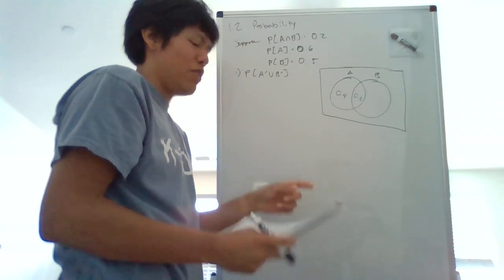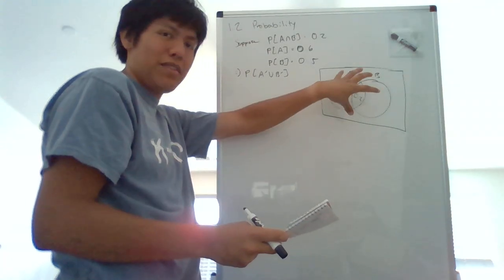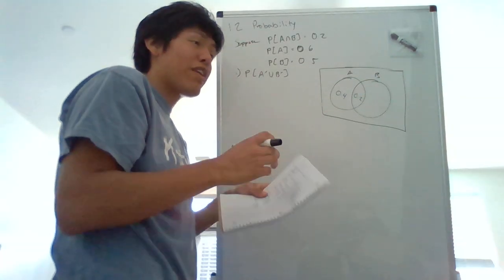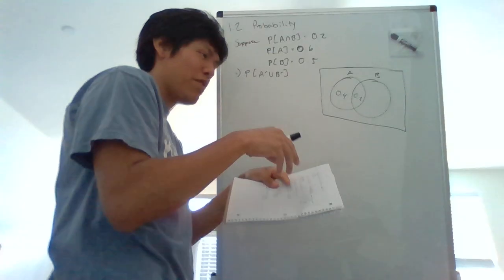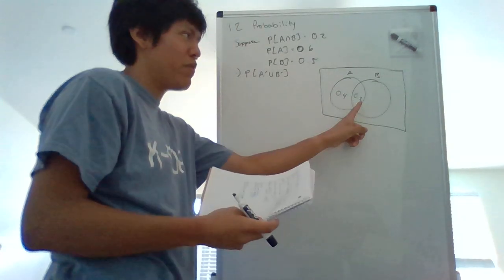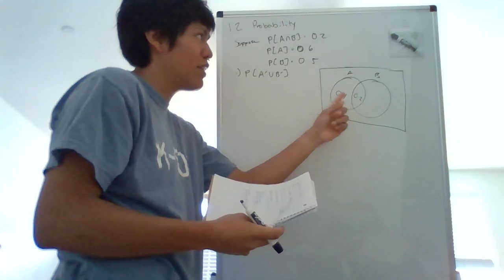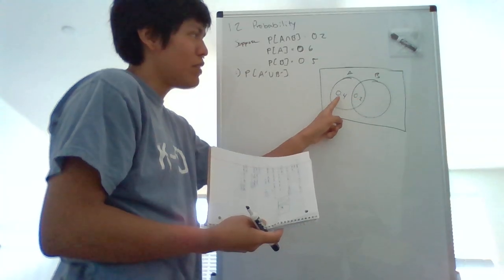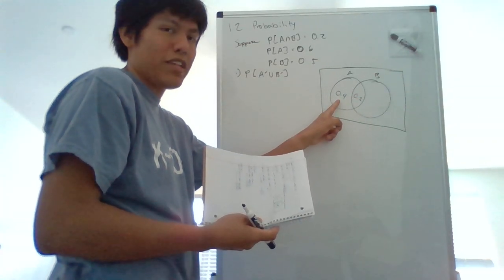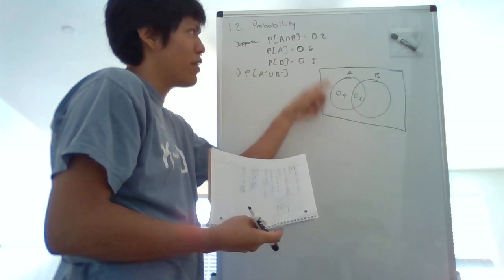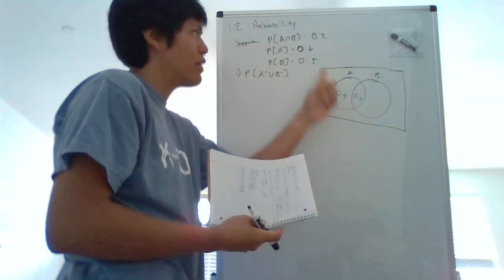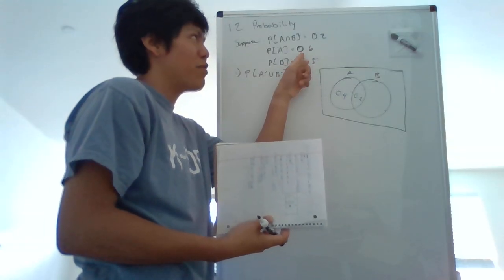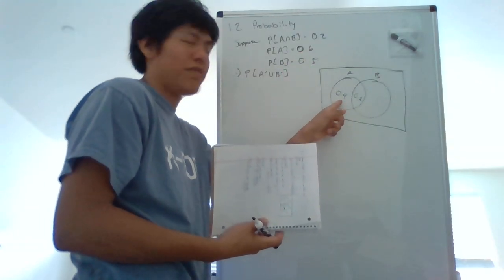You'll see later that whenever we have three circles in our Venn diagram, we can find the probabilities of each section going from the inside out, like we just did here. So again, the middle section is 0.2, which means this other section of A is 0.4, so that when we add them together we get 0.6. Another way of doing that is 0.6 minus 0.2 is 0.4.